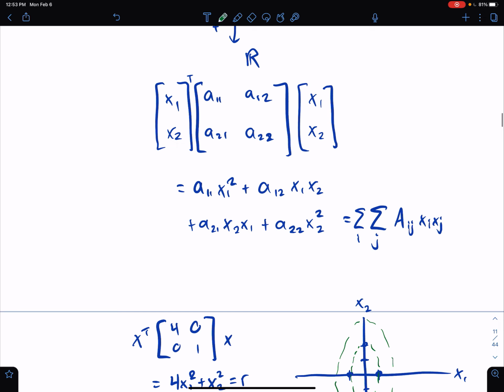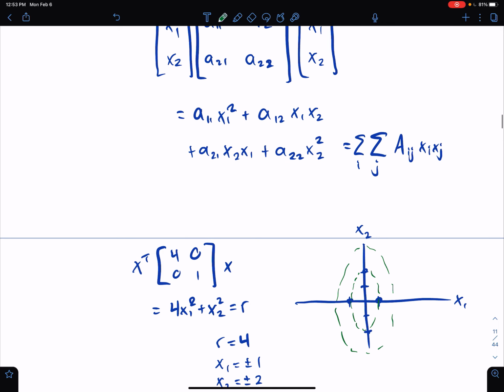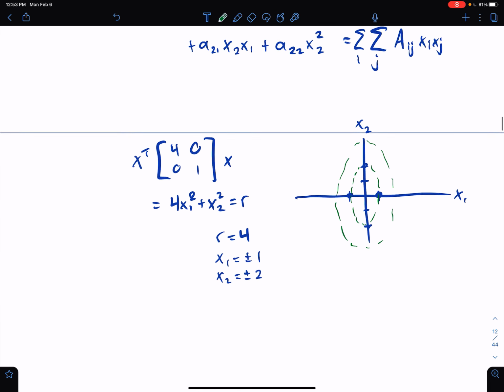And let's just finally talk about the gradient of this expression again, just to make sure we all understand where that comes from.